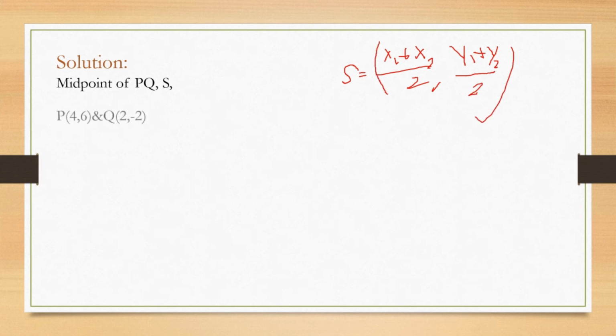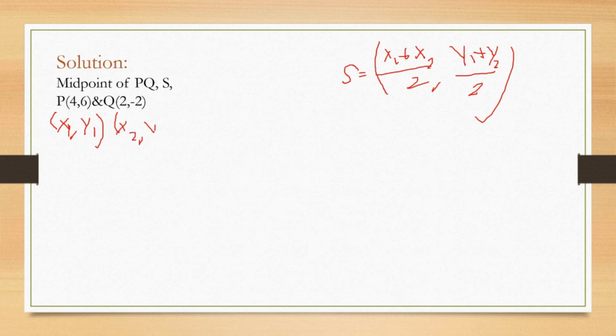From the question, we know that P is (4, 6). So we can sub it as x1, y1, and Q as x2, y2.